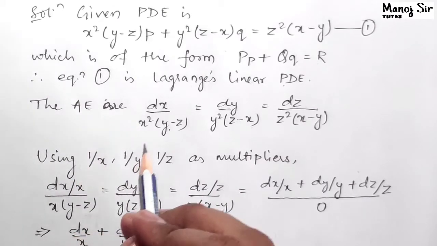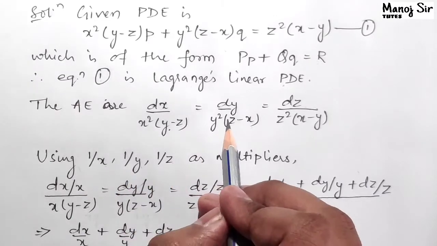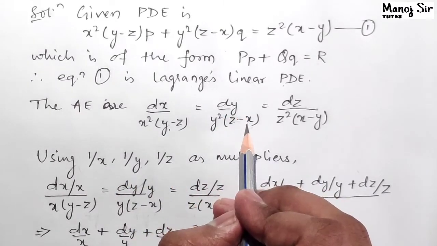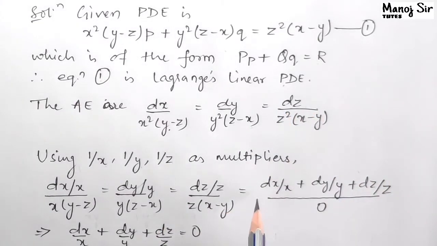That is, 1 upon x is multiplied with the first numerator and denominator, 1 upon y with the second numerator and denominator, and 1 upon z with the third numerator and denominator, and this will equal adding all three numerators over adding all three denominators. Make sure that on adding all three denominators you get 0 here. We will take multipliers such that, after using them, the sum of the denominators is always 0.